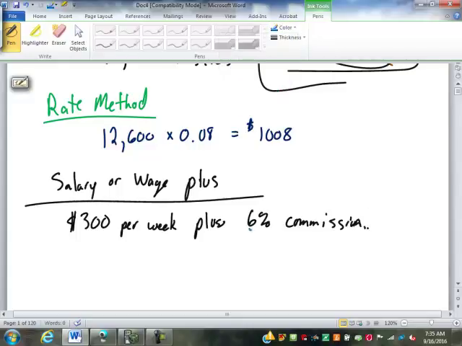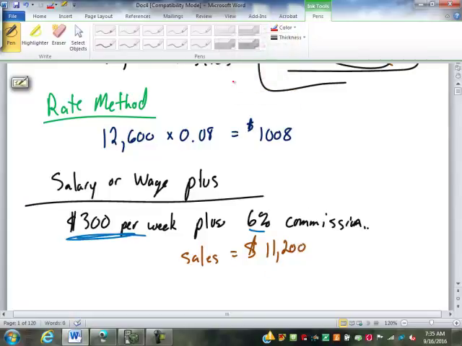Normally the percent is going to be lower on these because you're getting this initial amount. So you're going to get $300 regardless of whether you make any sales at all. So let's say you have a week where your weekly sales are $11,200.